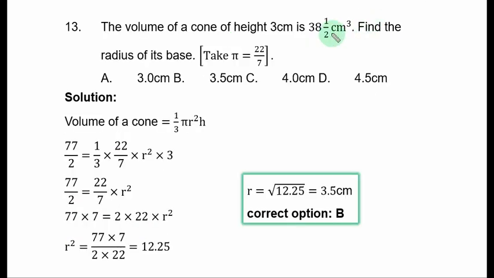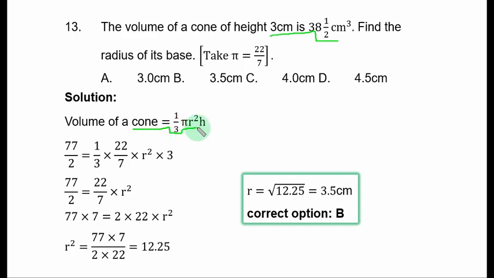Question 13. The volume of a cone of height 3 cm is 38 whole number 1 over 2 cube centimeters. Find the radius of its base. Volume of a cone is equal to 1 over 3 pi r squared h.